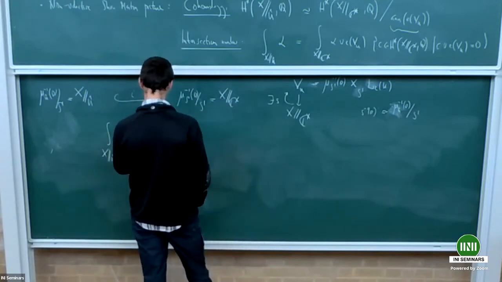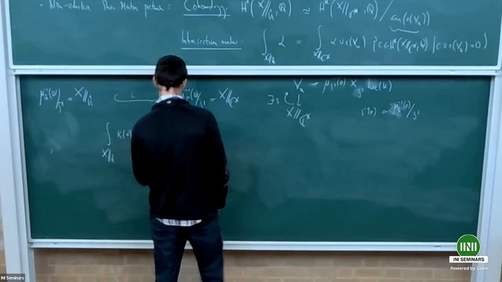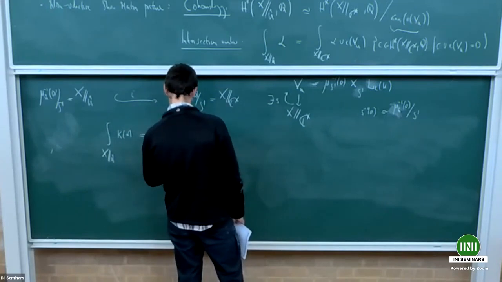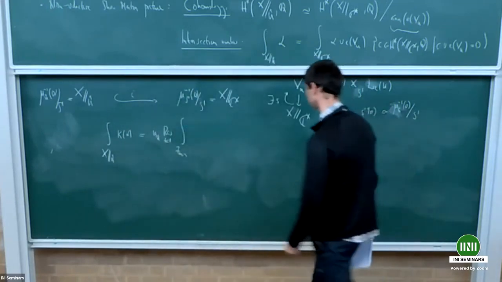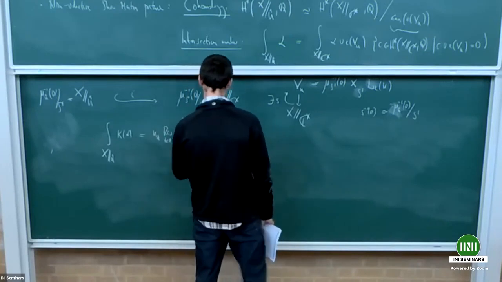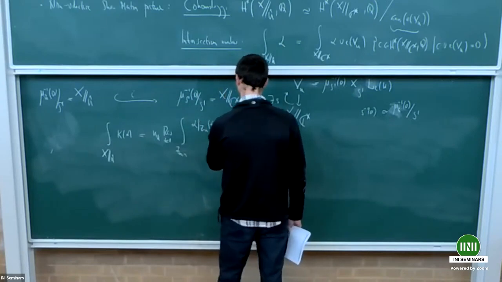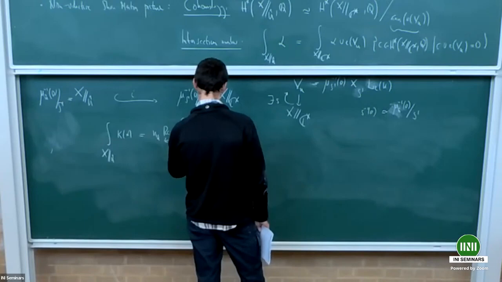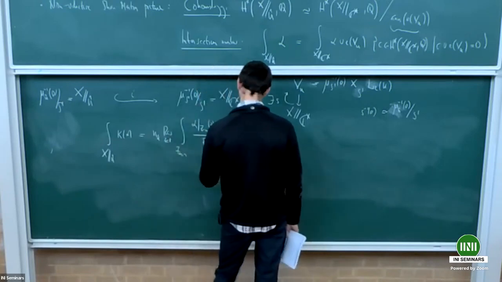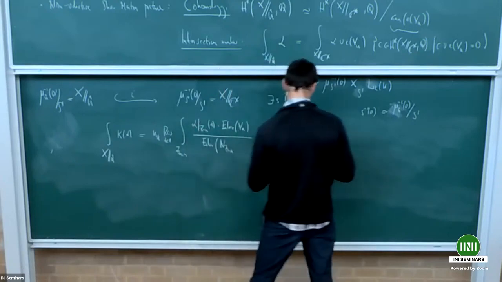So that's going to be equal to some constant times the residue at z equals 0. You take the integral over z min of the restriction of alpha to z min, which is an equivariant form, times the Euler class of VU divided by the Euler class of the normal to z min.